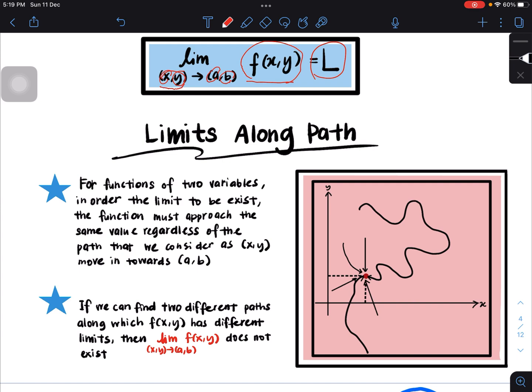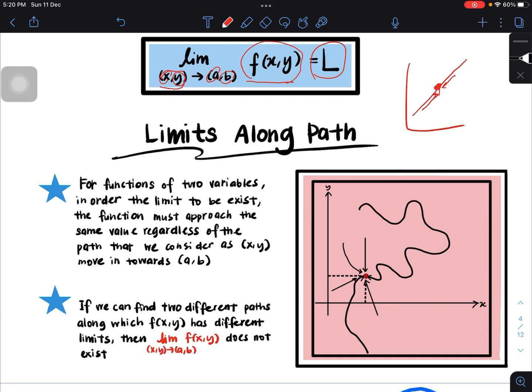Before this, when we were dealing with two axes only, the limit of the function approaching a point came only from the left and only from the right. There are only two directions. But when we are dealing with three variables, the function of two variables actually involves three variables.